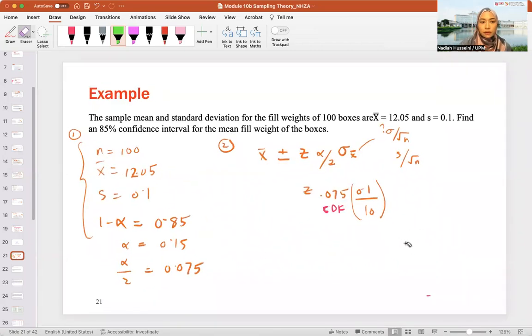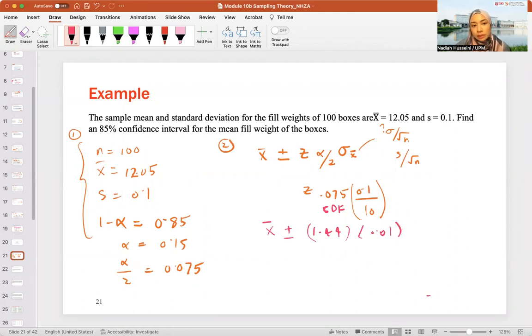Okay, just now we found out that the value was 1.44, right? So sample mean plus minus 1.44, and this is our sample standard deviation, 0.1 over 10. 1 divided by 10 is 0.01.